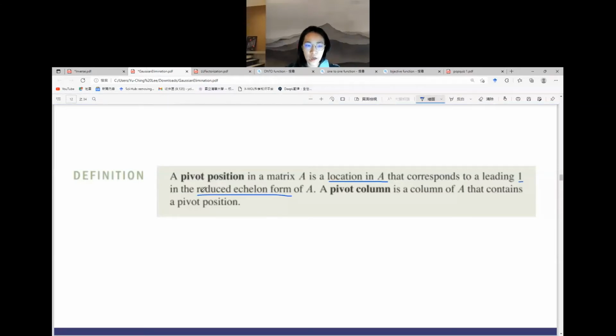So it's really clear if you already obtain the reduced echelon form of A, then you can identify those leading entries, 1, and those positions are exactly what we call pivot positions. Then we go back to the original A matrix to find the values originally there, and those values are called pivots. And the pivot column is the column that contains a pivot position.